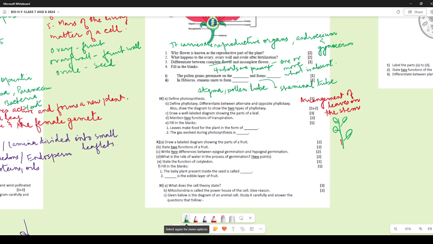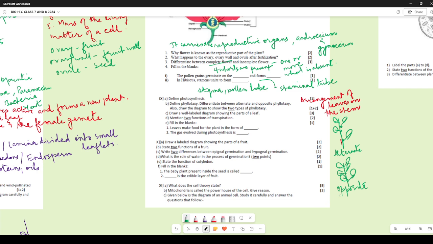This is alternate phyllotaxy because at each node there is only one leaf which we can see, right? So in alternate phyllotaxy, only one leaf arises from one node. In opposite phyllotaxy, there will be 2 leaves arising from the same node, right? So this is called the opposite phyllotaxy.